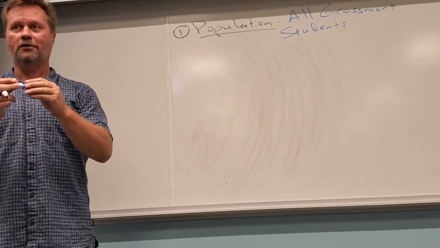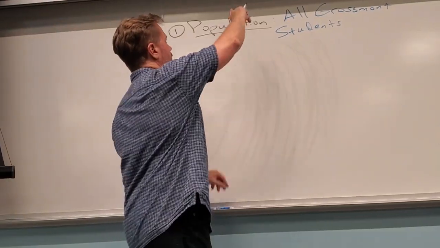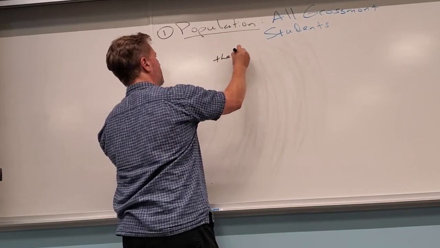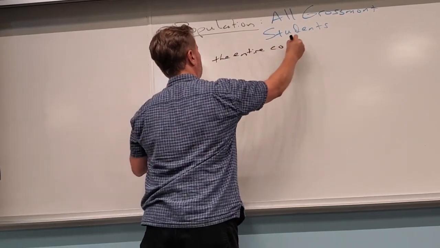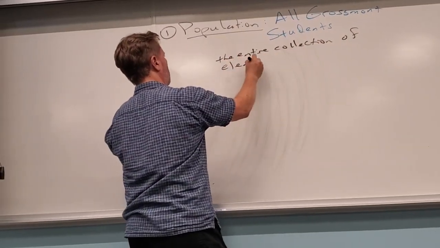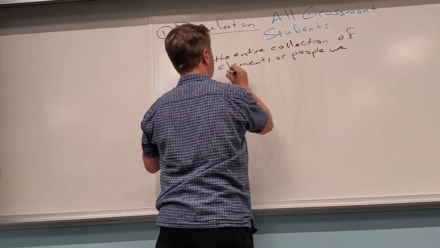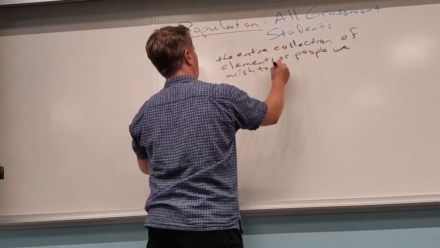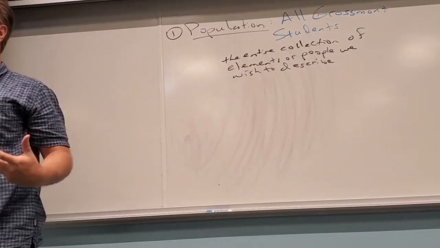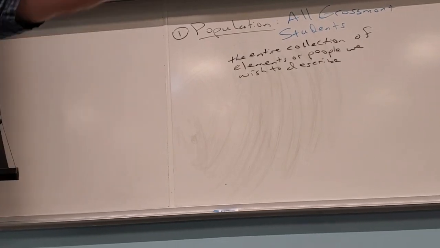So that's our specific example, but the definition is the entire collection of elements or people we wish to describe. Would you guys agree that's what a population is? It's the whole group of everything we want to talk about.